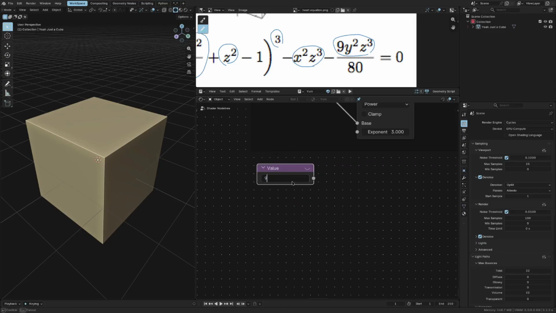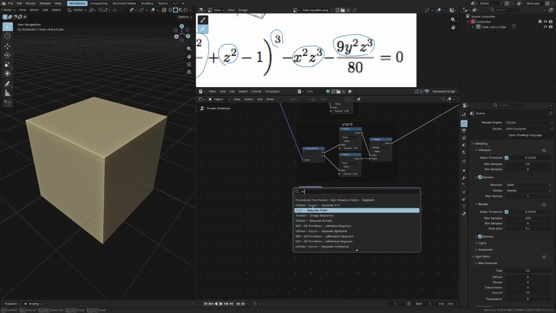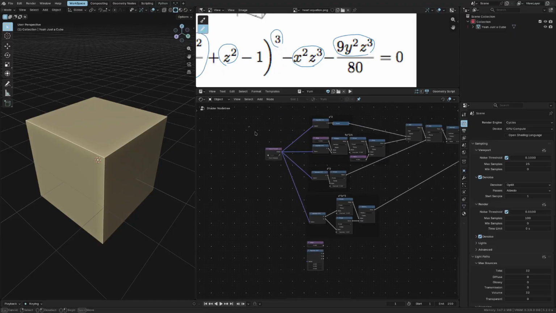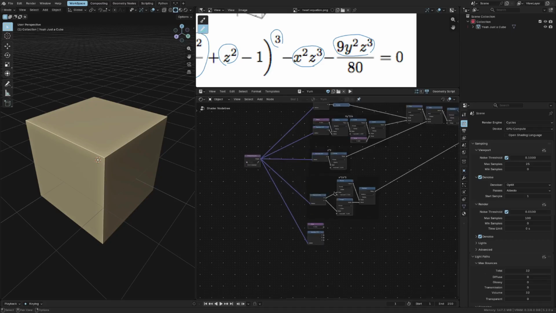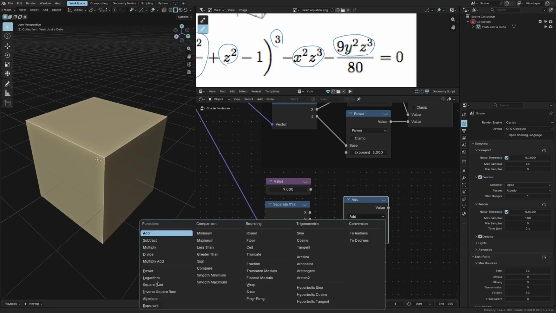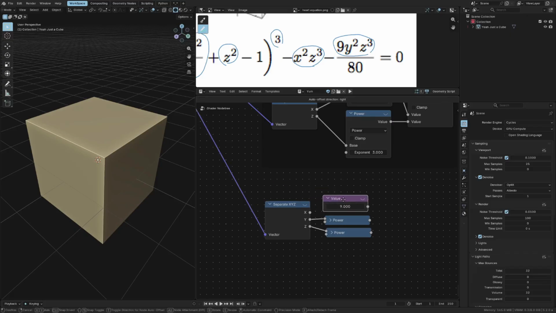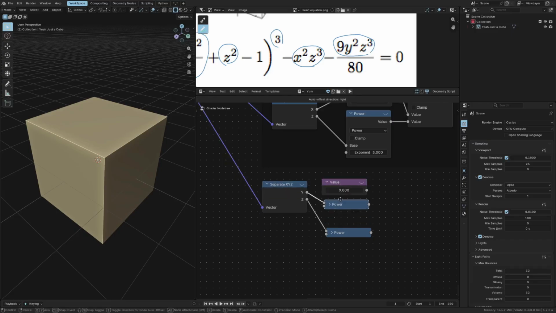So value 9, Separate XYZ node, connect this directly to the vector of Separate XYZ, Math, Power, set it to 2, and z's exponent is going to be 3, 9, 1, and we're going to multiply all three of these things here.